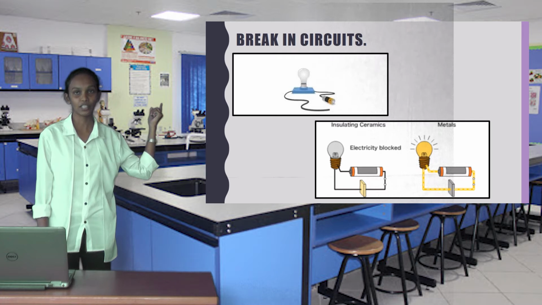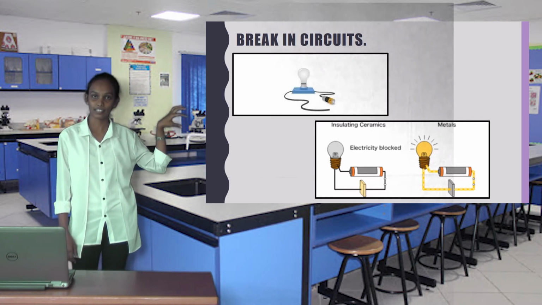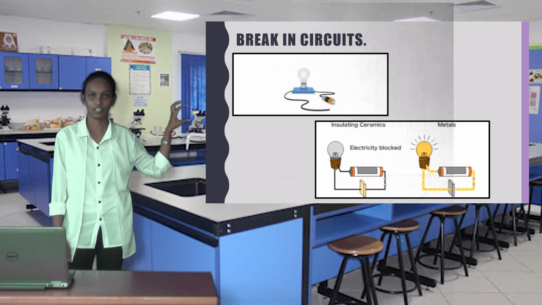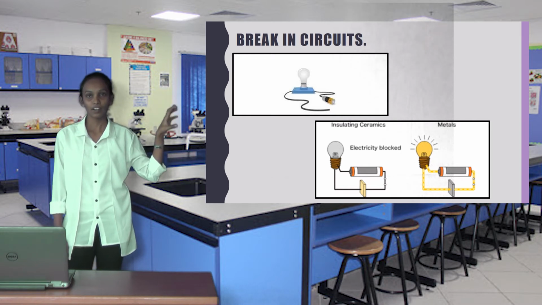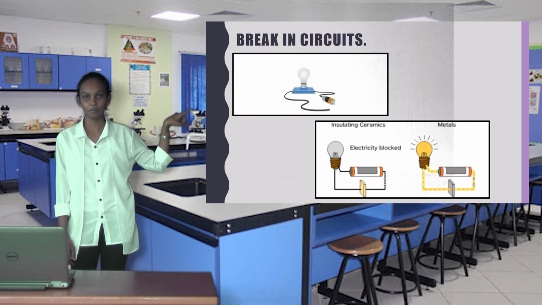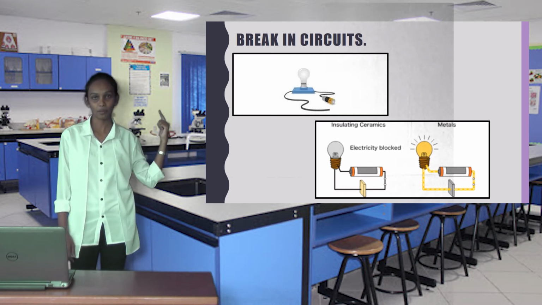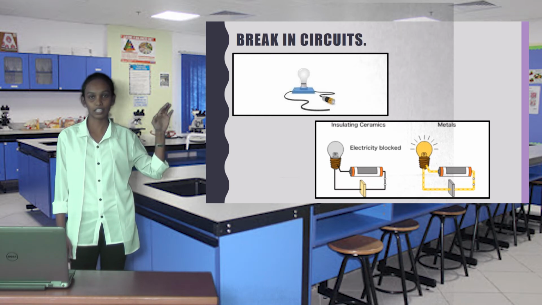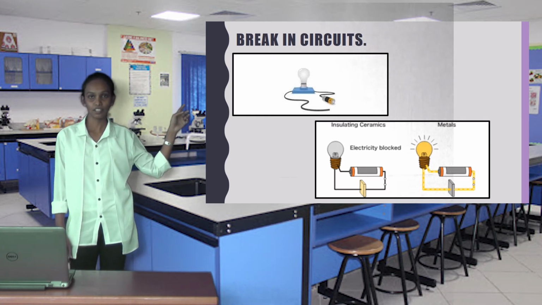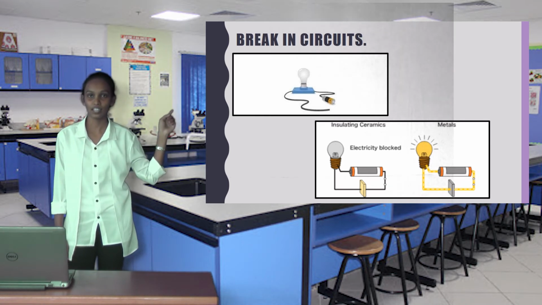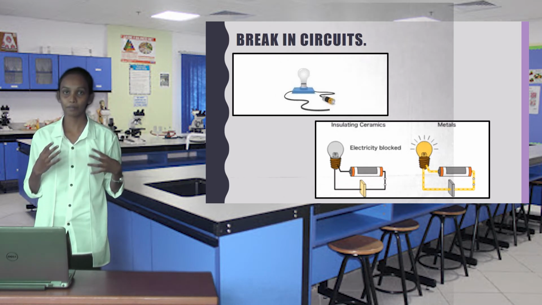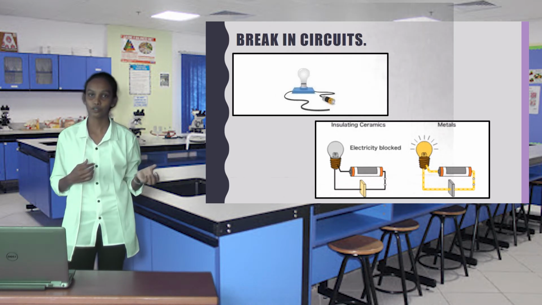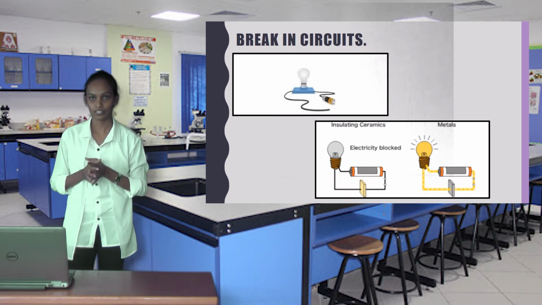But in the first picture you can see they have connected the insulator in between. An insulator is a non-metal. Because they have connected the insulator in between, the electricity cannot pass through. It will stop on the way. Because of that, you can see the bulb is not lighting in the first picture. So if we want to make a complete circuit, we have to use conductors, not insulators.